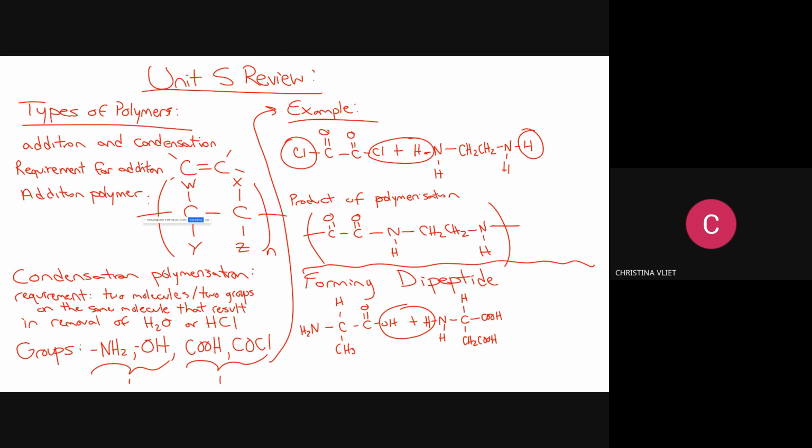So you would get this. And you would get this. And this. And what would the small molecule that was removed be here? Water. And in the one up here, what was the small molecule it removed?